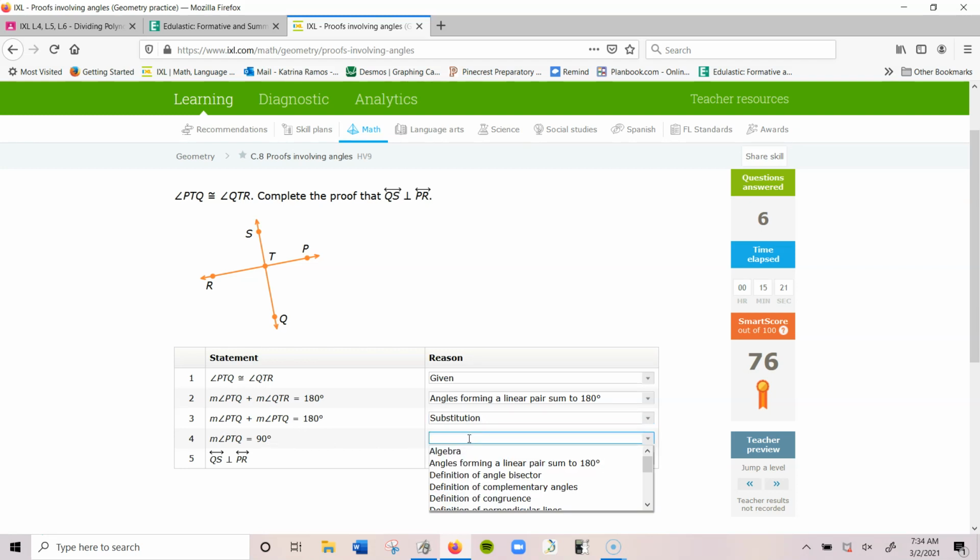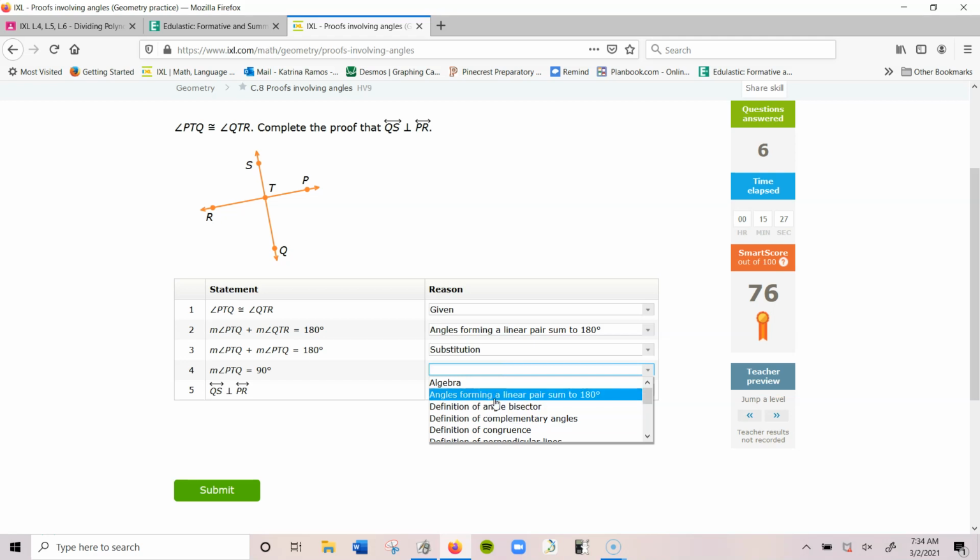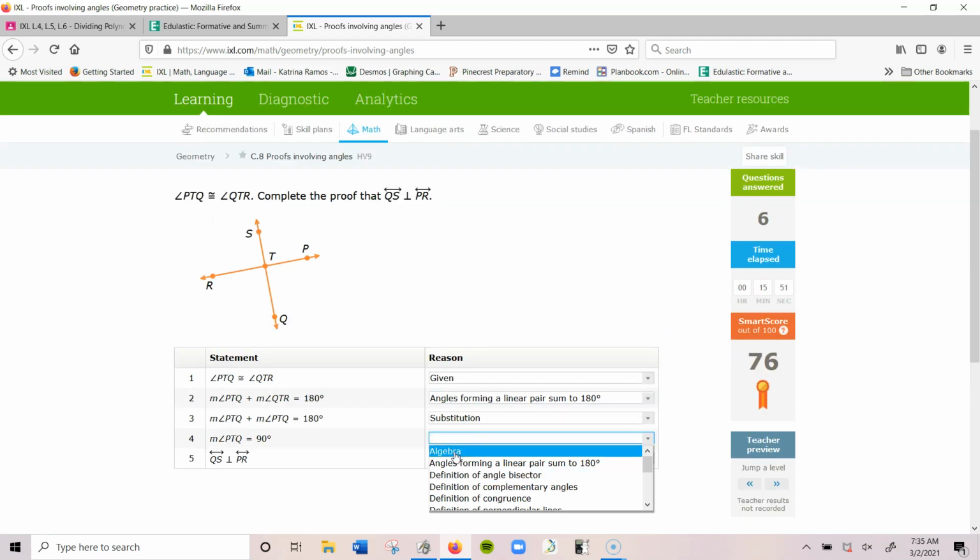Then because they are both equal, that must mean that it equals 90 degrees. So let's see, what can we say? Well, it's not any of these because we didn't substitute, we didn't use the transitive property, it's not reflexive, it's not definition of supplementary angles, it's not definition of perpendicular lines, it's not complementary angles because they add up to 180, it's not an angle bisector. This must be algebra.